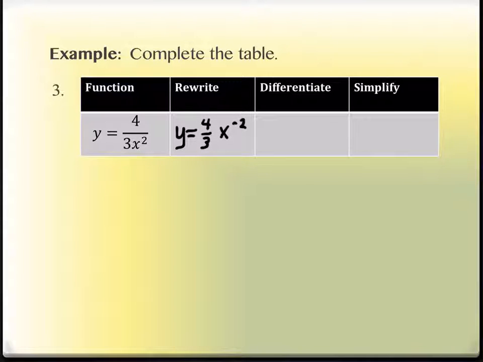All right, so the x squared that's in the denominator is now x to the negative 2 in the numerator. And the reason that's helpful is because I've got a power rule. It works for negatives just like it works for positives. So as I differentiate, remember that's the same thing as saying take the derivative, the 4/3 at the front stays 4/3. It doesn't change anything. What am I going to do with the negative 2?